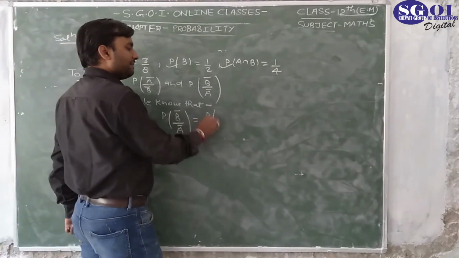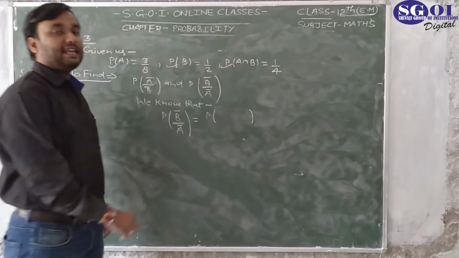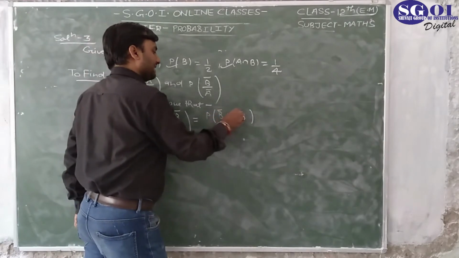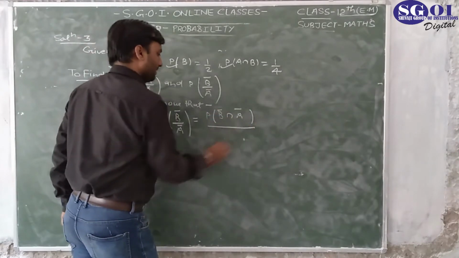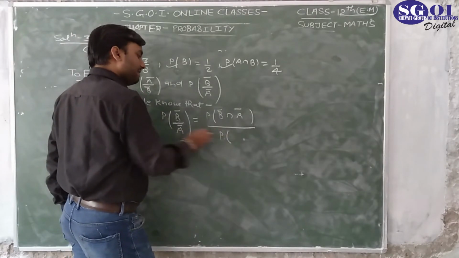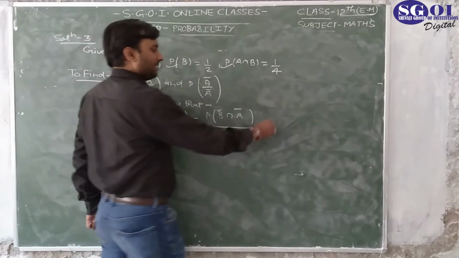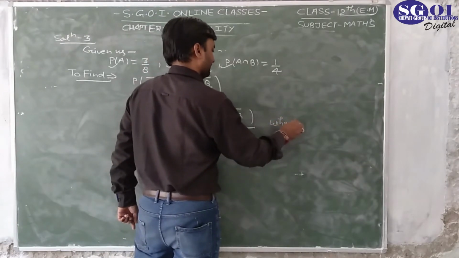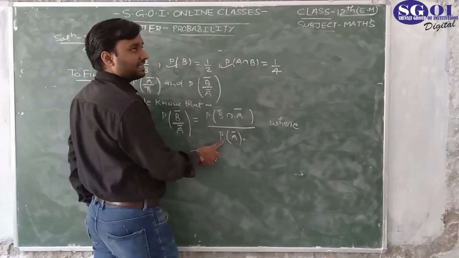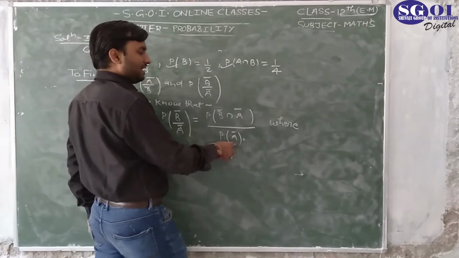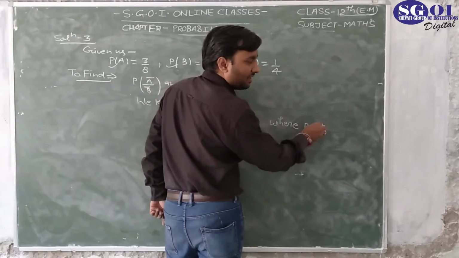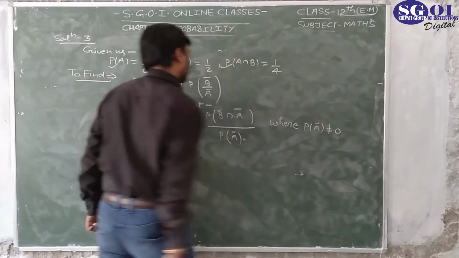Formula of probability A by B is equal to probability A intersection B upon probability of B. Here A is B bar and B is A bar. The probability of such an event which lies in the denominator cannot be 0. Here probability of A bar, meaning event A has not happened, is not equal to 0.